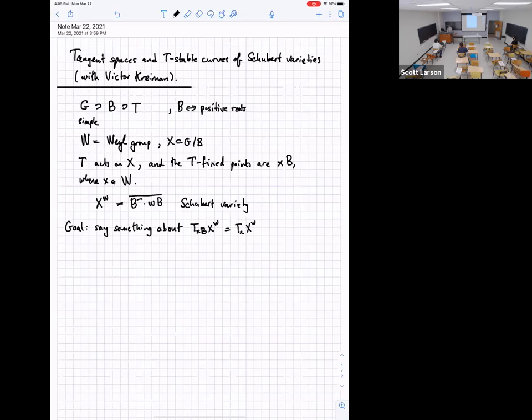I'm just going to abuse notation, using x to denote both the fixed point and the Weyl group element. Now, it's surprising that although Schubert varieties have been studied intensively for many decades, the most basic question about a variety is what is its tangent space, and this is actually still not completely understood.